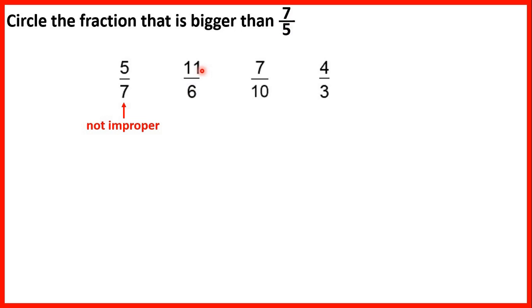So now let's look at 11/6. To compare fractions, we need the denominators to be the same. So here we have 5 as our denominator, but here we have 6.